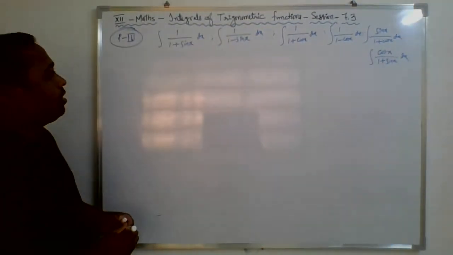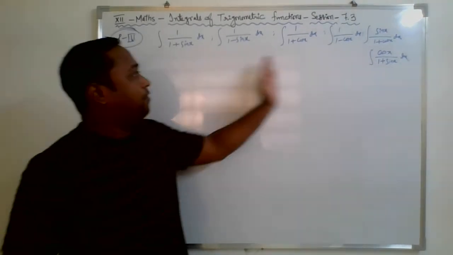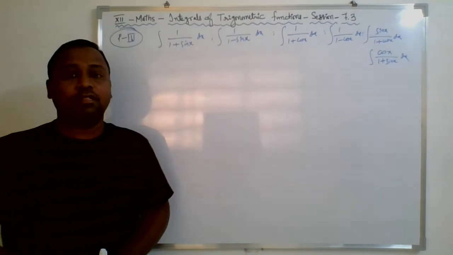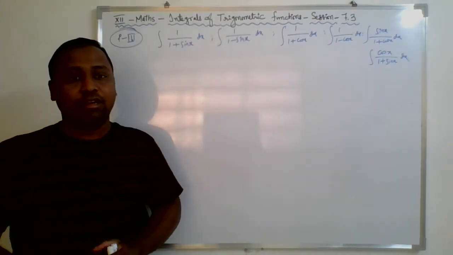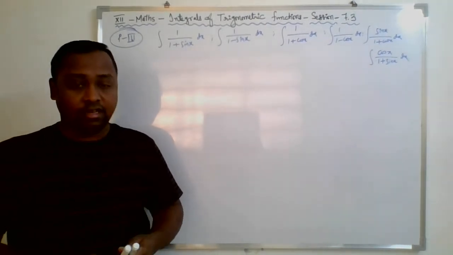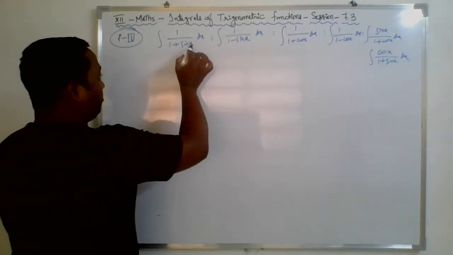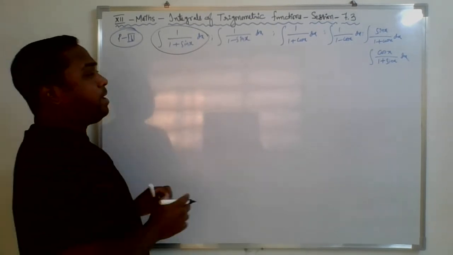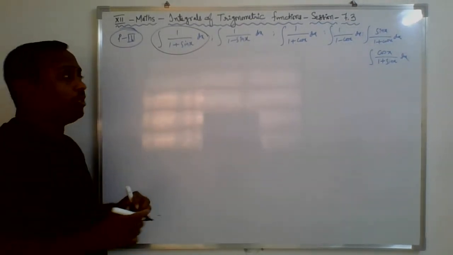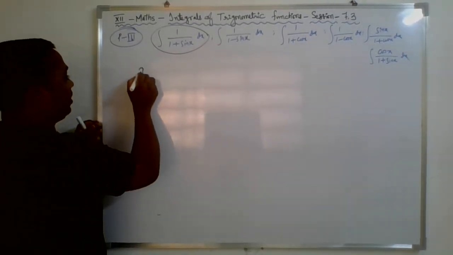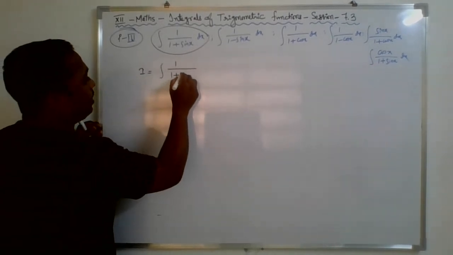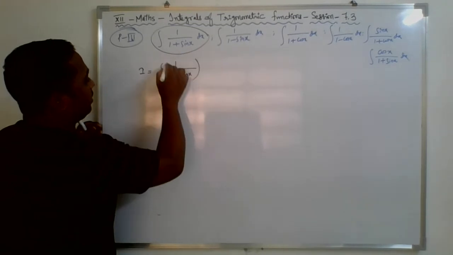So here in this pattern of questions you will see rationalizing the denominator method will work perfectly. So I will solve the first question just by doing the rationalization of the denominator. See, I is equal to 1 upon 1 plus sin x dx, right?